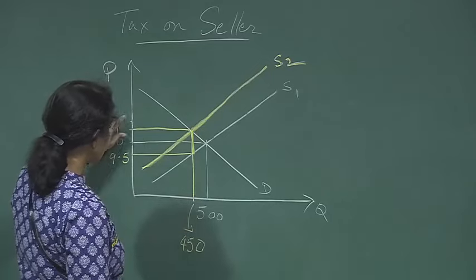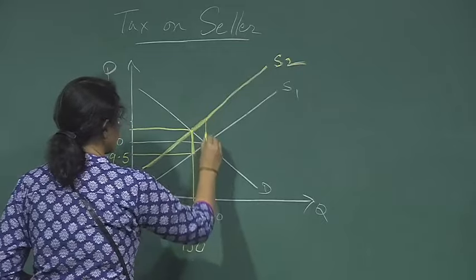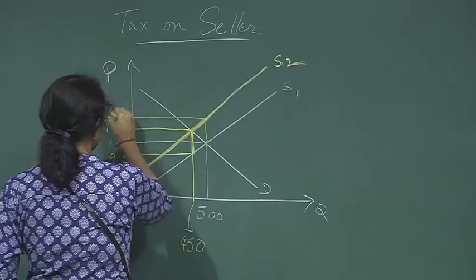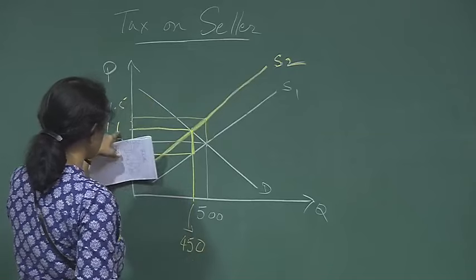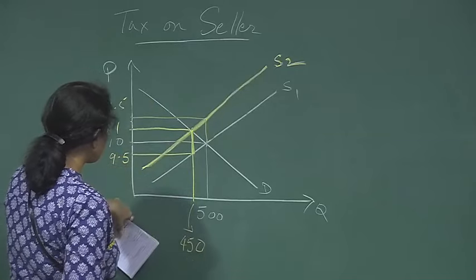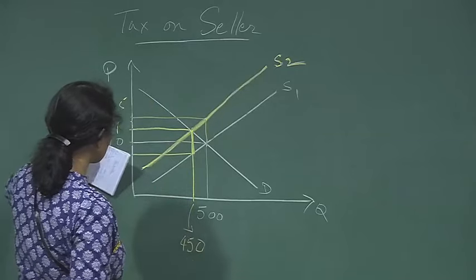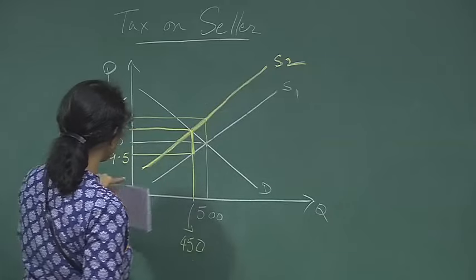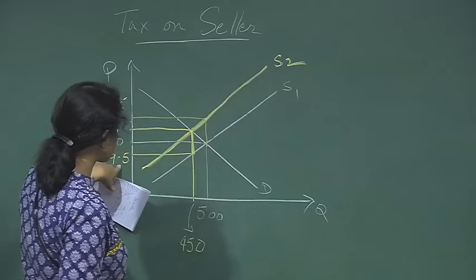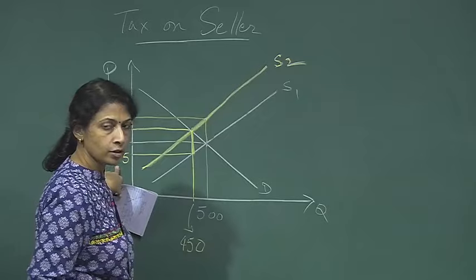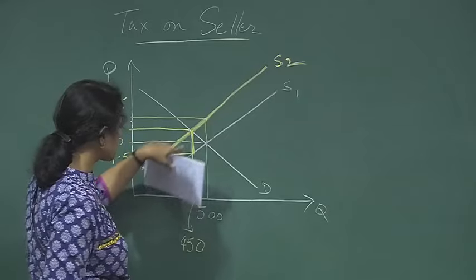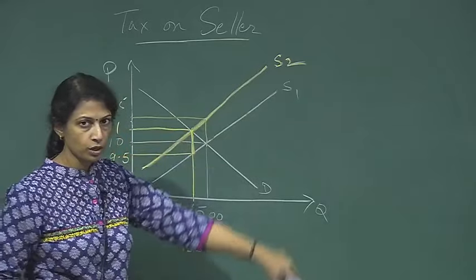It was 11.5 originally, but this is 11. So the buyer ends up paying 11 rupees to the seller, the seller receives 9.5 for himself, and the remaining 1.5 he pays to the government.